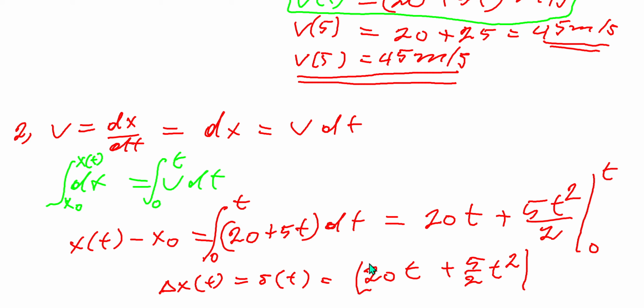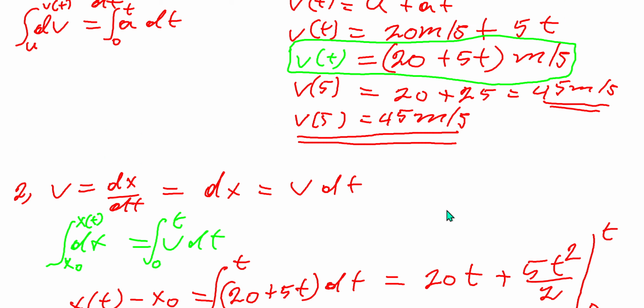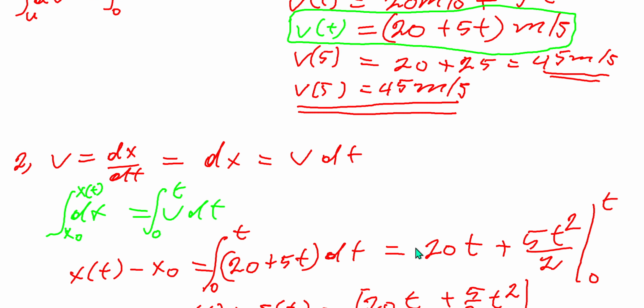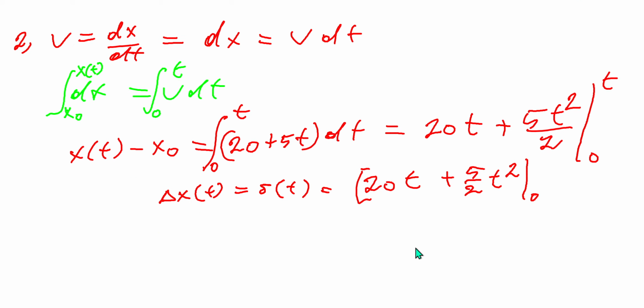Remember, our limit of integration for time is from 0 to t, and the final time is given over here, which is 5 seconds. So I can substitute these values.